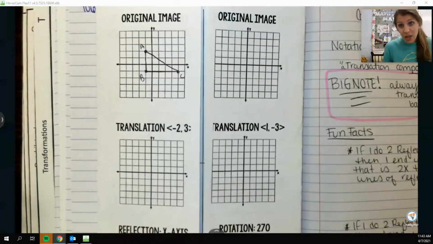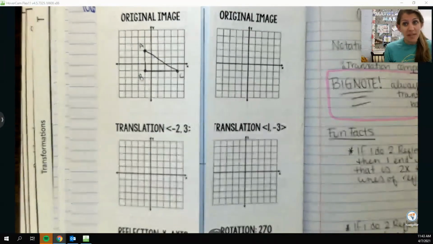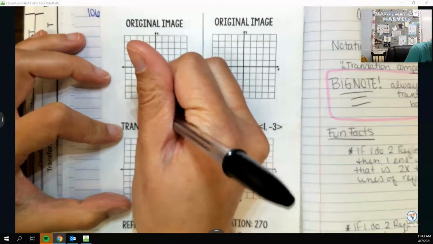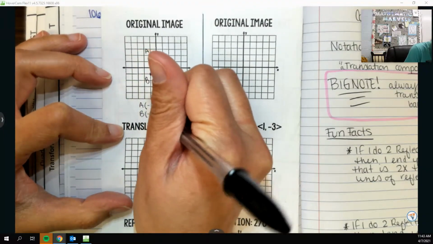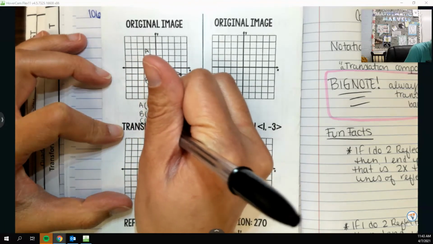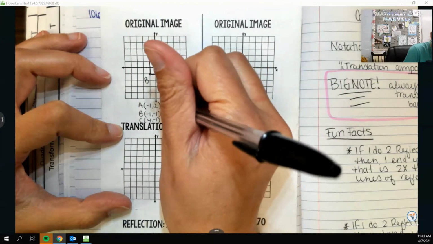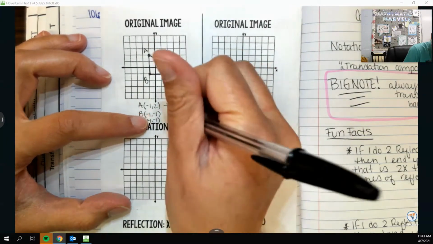Okay, so what I could do is I could do it all on one, or I can do it step by step by using my rules. So if I first write out our points, so -1, 2, -1, -1, and then C is at 4, -1. If I do my translation first, A prime will now be at -3, 5.